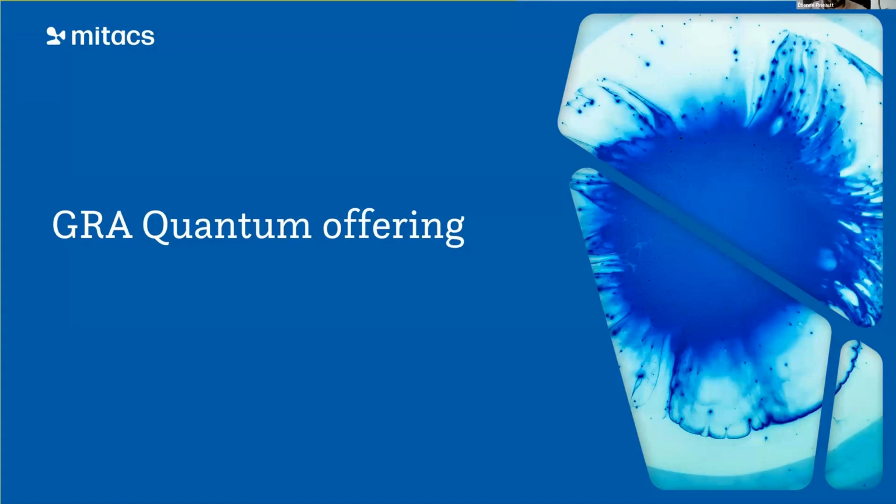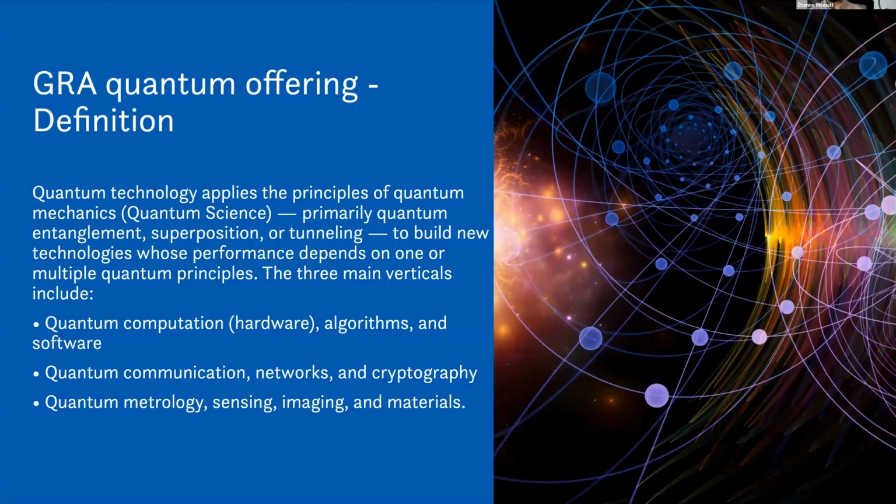In terms of what we are offering, especially for quantum, so first of all, what do we mean by quantum? So I put a small definition over there, and it's also available on our website. But overall, it's very broad, and it includes quantum computing, algorithms, software, quantum communication, networks, cryptography, quantum metrology, sensing, imaging, and materials.